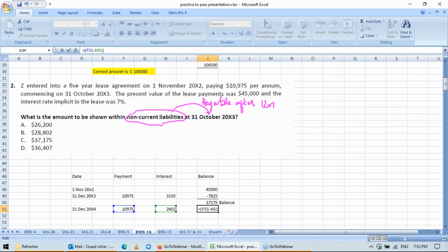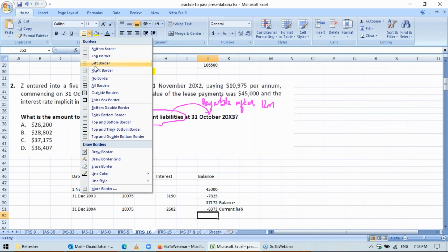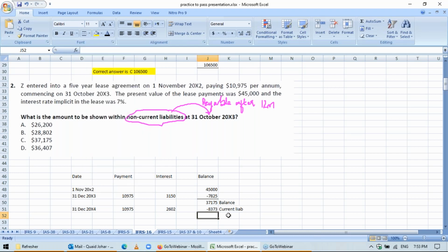By paying this amount, this is the current liability. This 8373 is going to be paid in 12 months time. So we'll exclude this amount. If you exclude this amount from your total liability of 37,175, you arrive at the non-current liability.